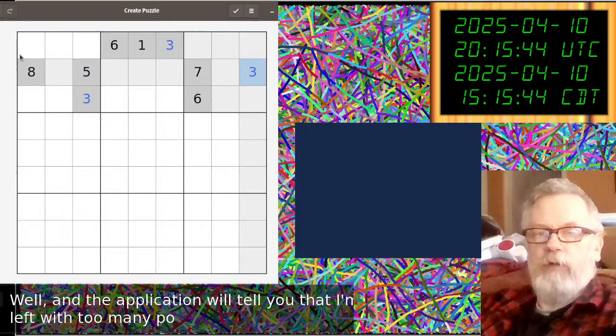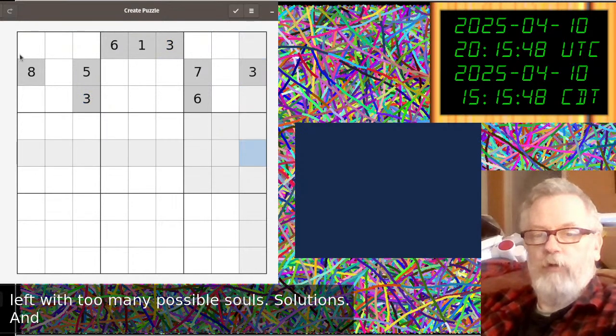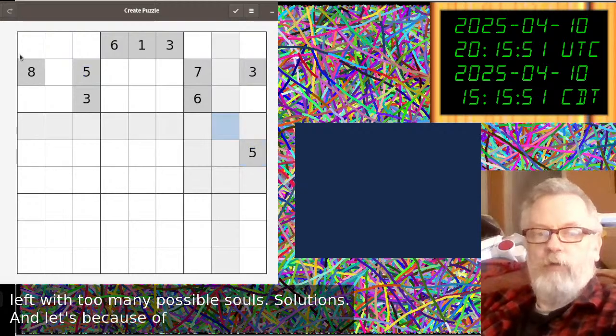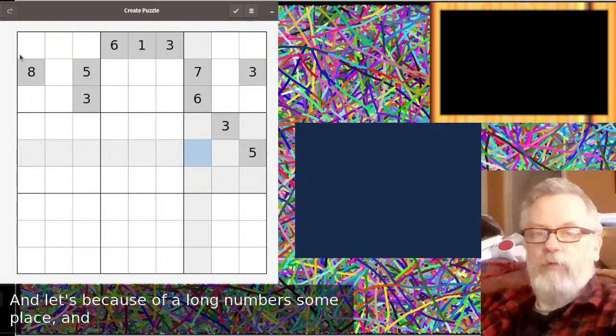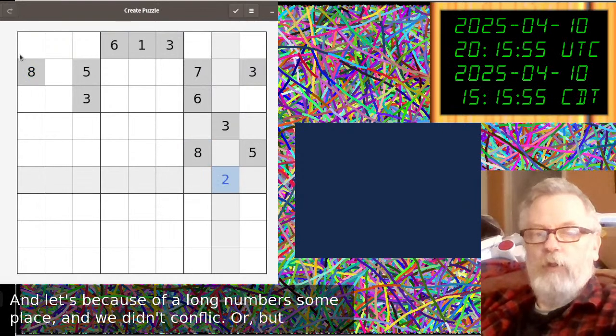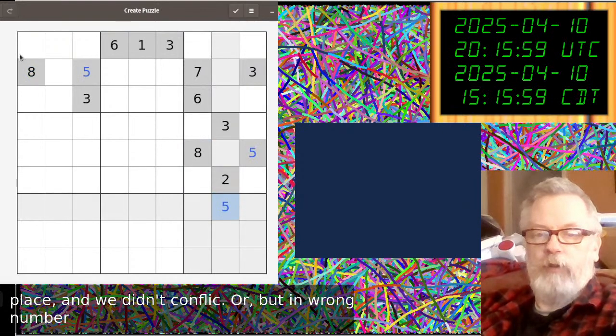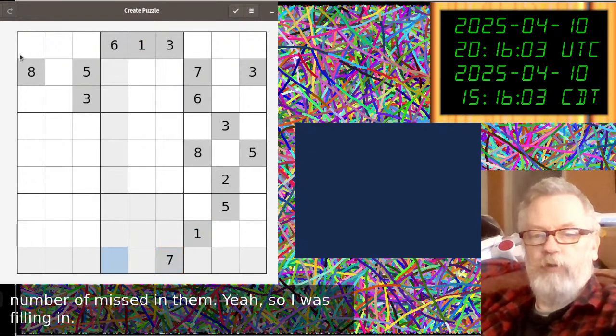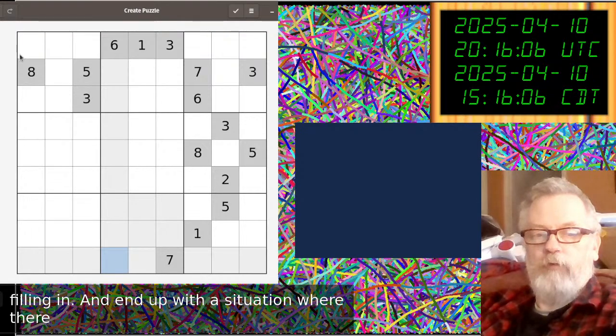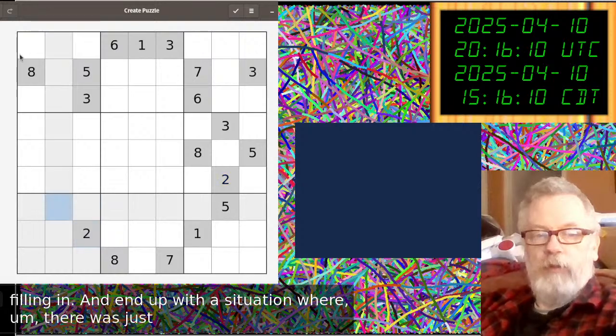That is because I've put in either the wrong number someplace and it didn't conflict, or missed a number as I was filling in, and ended up with a situation where there were multiple solutions left with that clue set.